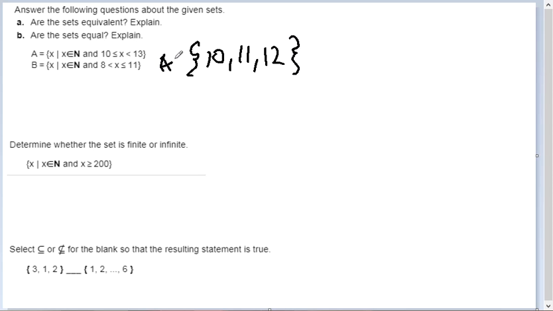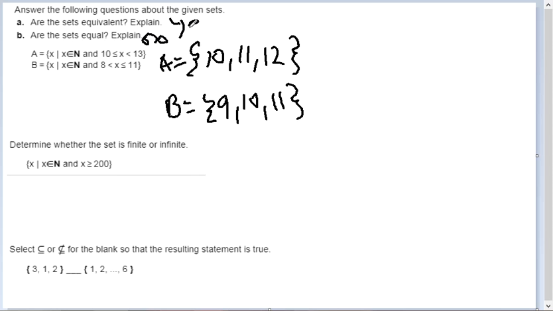And then for set B, we have known 8, so it would be 9, 10, and 11. Just looking at these right here, they are certainly not equal, so no for the equal. But they are equivalent, yes, because they have the same number of elements in there. So yes for that one. Notice that they both have 3 elements. Okay, and remember they're N here, so that means that they're the natural numbers.